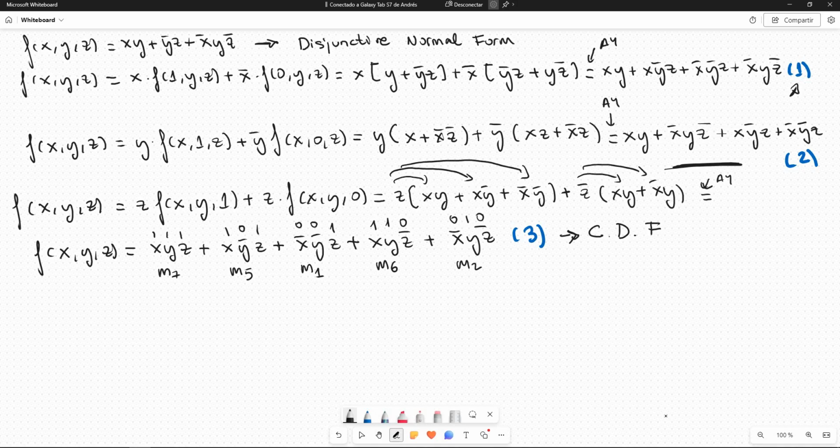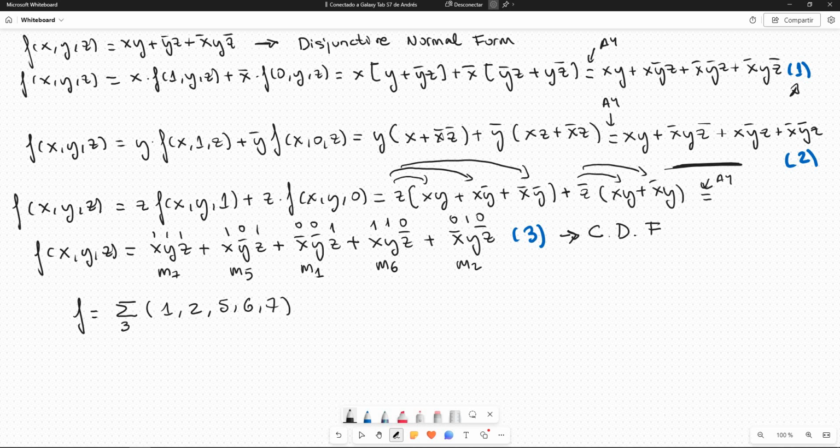So we have the canonical disjunctive form. And if we want to express the canonical disjunctive form in its compact way, we know that it is the sum, we put 3 because we have 3 variables, of the mean term 1, 2, 5, 6, and 7.